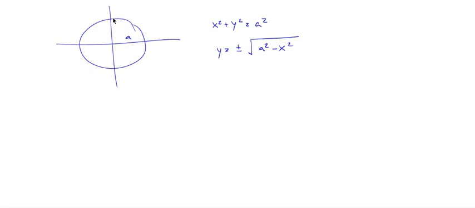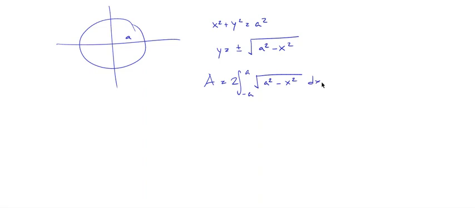So it's clear that the area between the x-axis and the positive function is going to be the same as this area. So the area that we're looking for is 2 times the integral between minus a and a of this function.